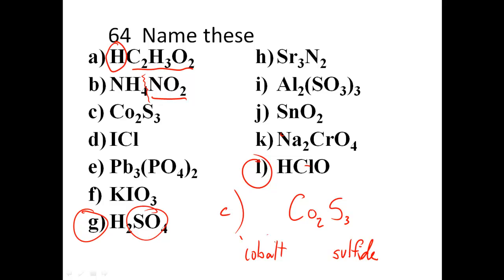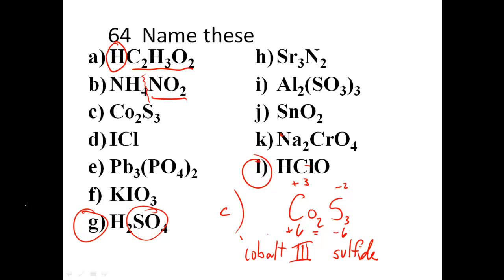It's a transition element with more than one possible charge. What is its charge? Well, sulfide is always -2 for a total negative charge of -6. Of course, the positive charge must be +6. And since there are 2 of those, each must be +3. So this is cobalt, Roman numeral 3, sulfide. Why did I write sulfide? Oh, it is sulfide. Okay. That's why, because it's sulfide.